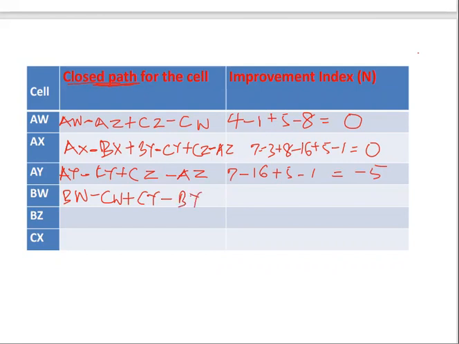So what would that give us? That's 12 minus 12 minus 8 plus 16 minus 8. Yes. So that one is giving us positive 12.